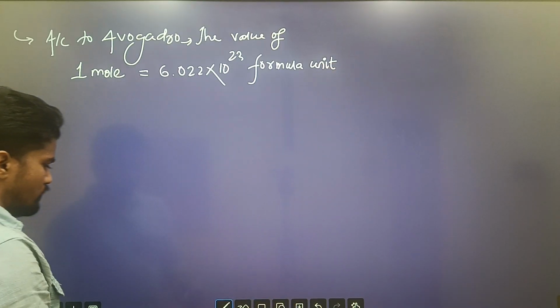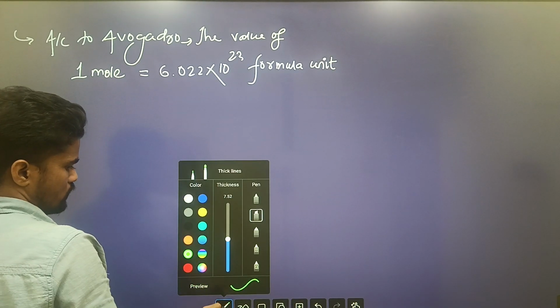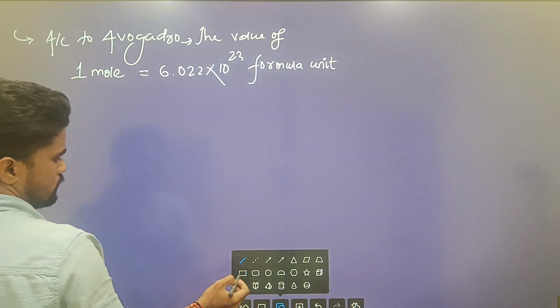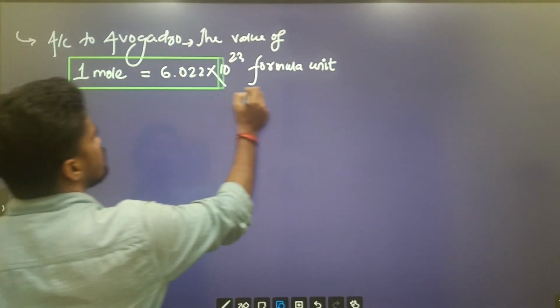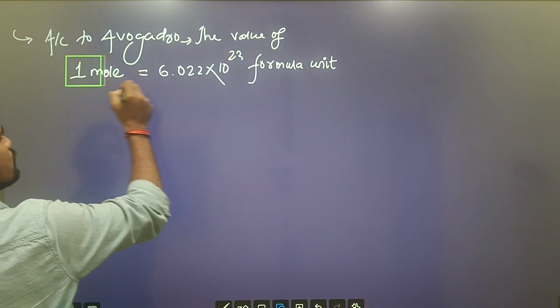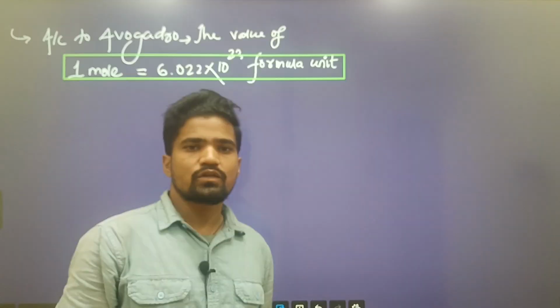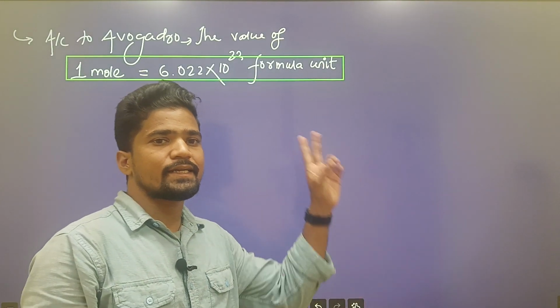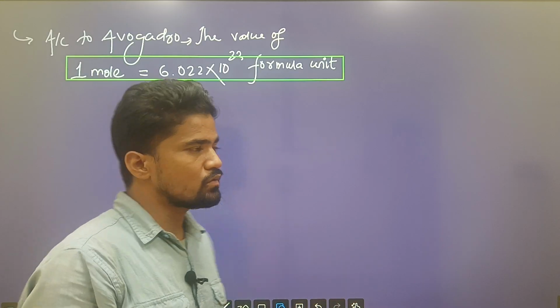Okay, so this is the value of 1 mole, 6.022 into 10 to the 23 formula units. So why am I writing formula unit? Because it may be atoms, ions or molecules. Yes or no?